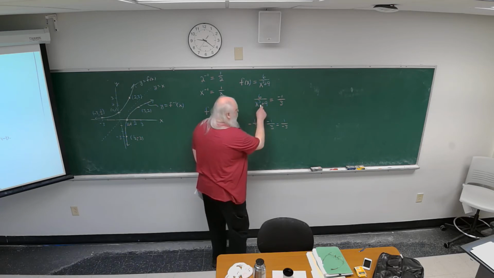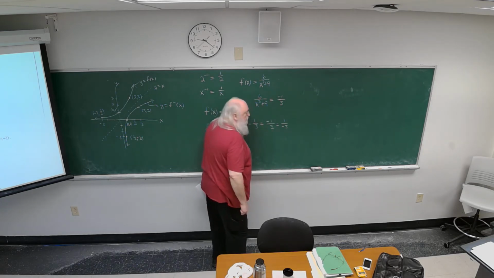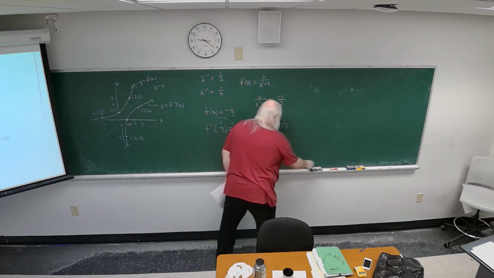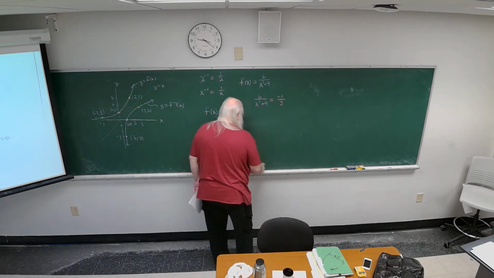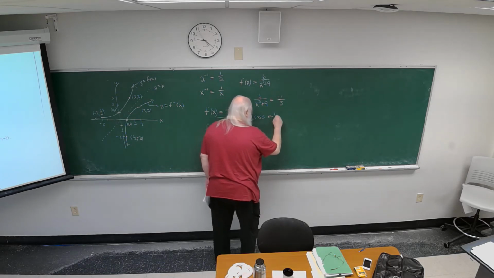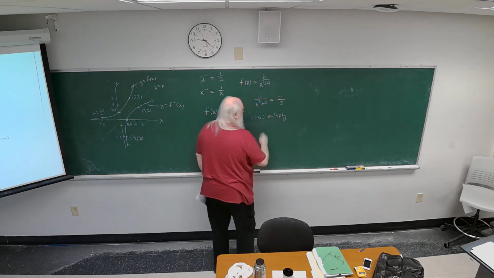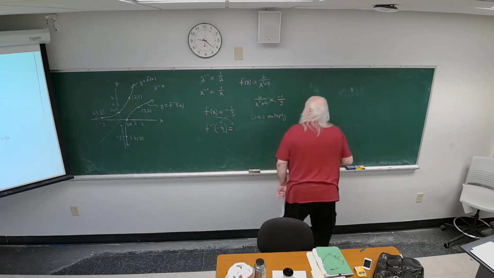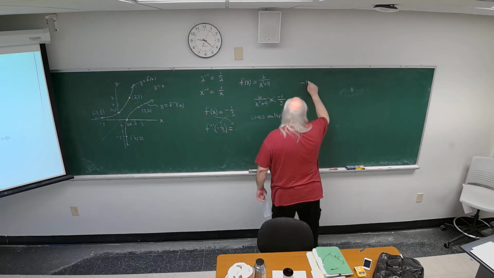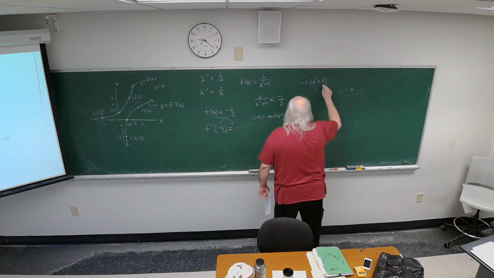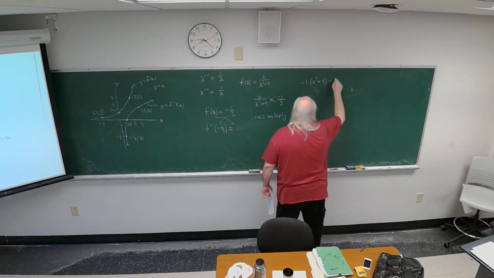Well, we got a quotient on the left equal to a quotient on the right. I'm sure that you guys learned cross multiplication in high school. So we can cross multiply. And so when we cross multiply, we have minus 1 times x cubed plus 9 is equal to 18.